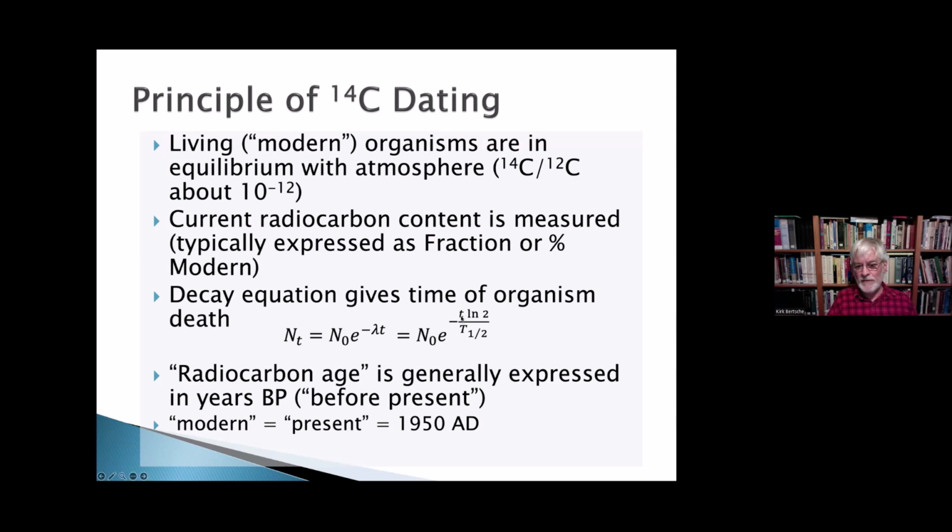So we can calculate back to how long ago the organism died. Radiocarbon age is usually expressed in BP, before present, where present is defined as 1950. You have to define some fixed point because it moves, but also because in the early 60s, nuclear bomb tests really messed up the amount of radiocarbon in the atmosphere. So you've got to go back before that.